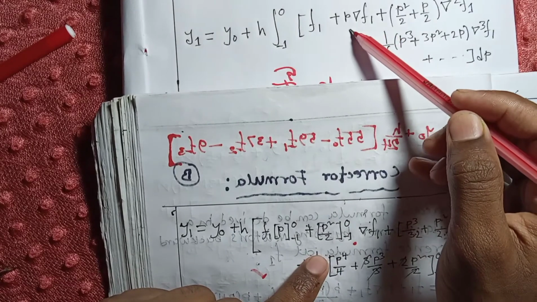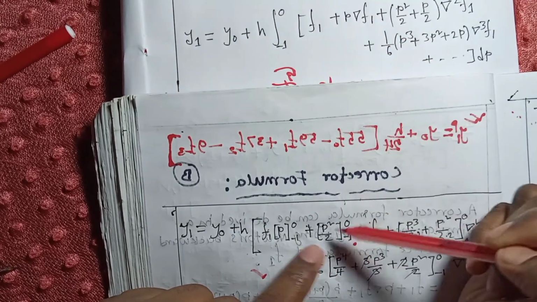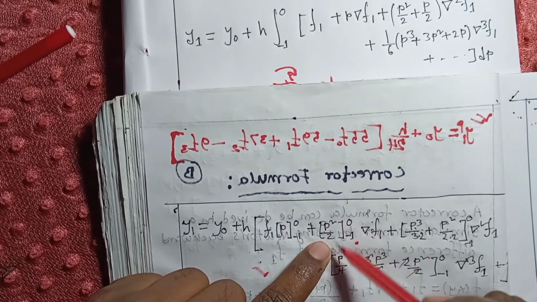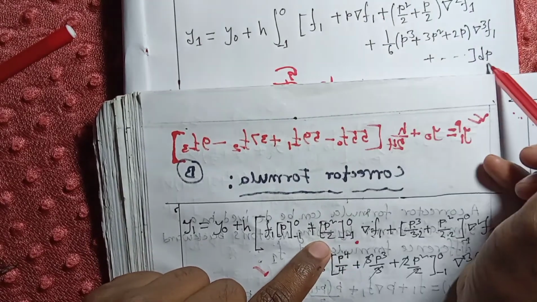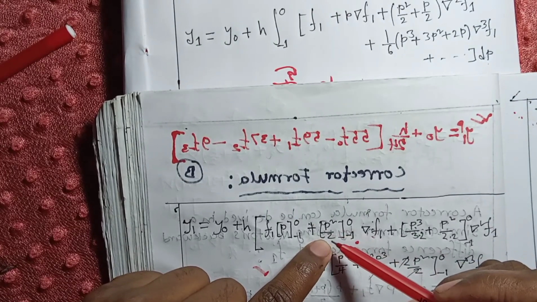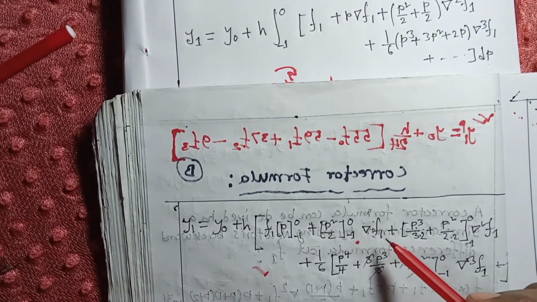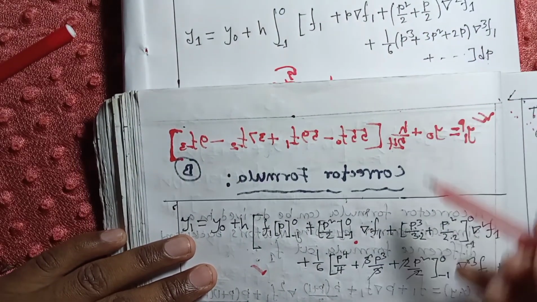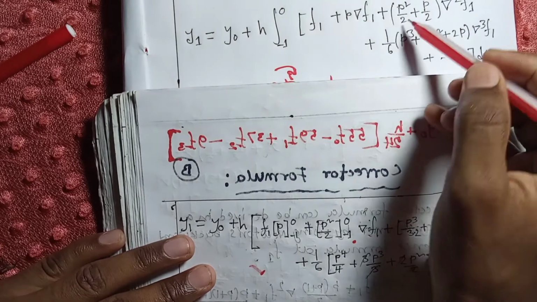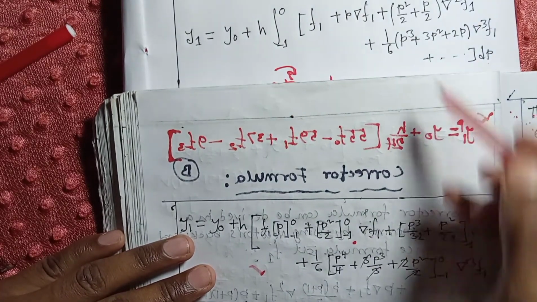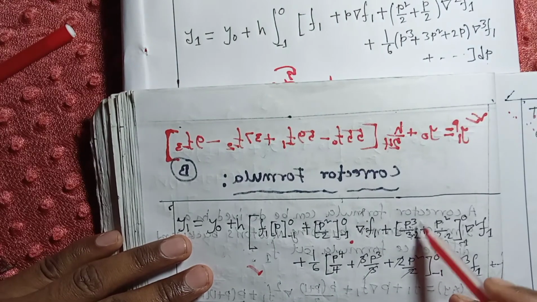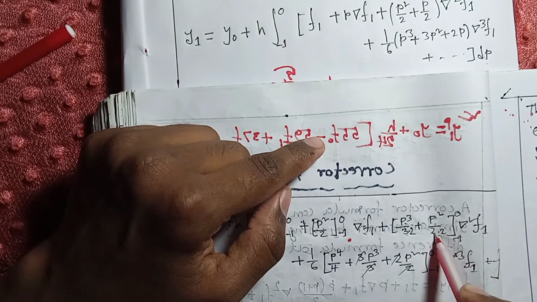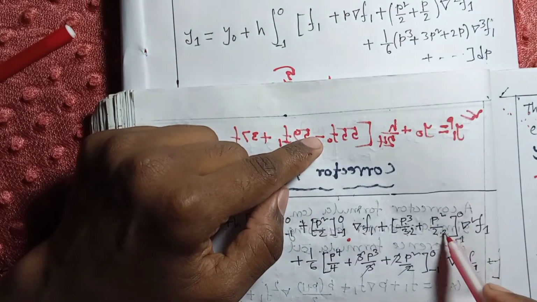The second term, nabla f1, is outside the integration, and the integral of p dp is p squared upon 2 from minus 1 to 0. The integral of p squared dp is p cubed upon 3, with the factor 1 upon 2, and p dp gives p squared upon 2, also with 1 upon 2.